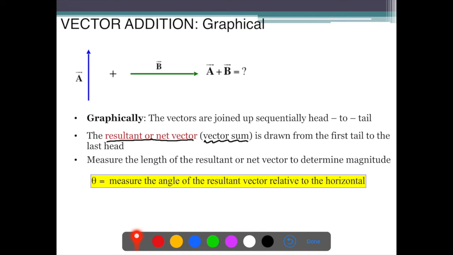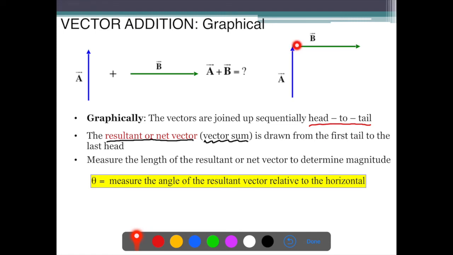In the graphical method, you essentially join up the vectors sequentially, from head to tail. Say you draw vector A, so vector A goes upwards. Then for vector B, you put the tail of vector B on the head of vector A. So you draw the vectors sequentially.